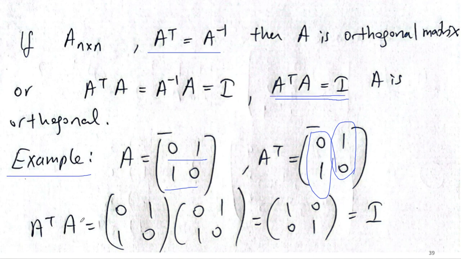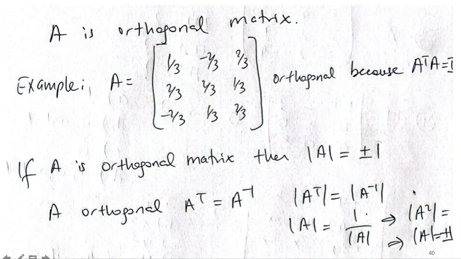A transpose times A, we get the identity. So this A is an orthogonal matrix. Let's consider another example. We are given the matrix A, and this is orthogonal because A transpose times A is also equal to the identity matrix.